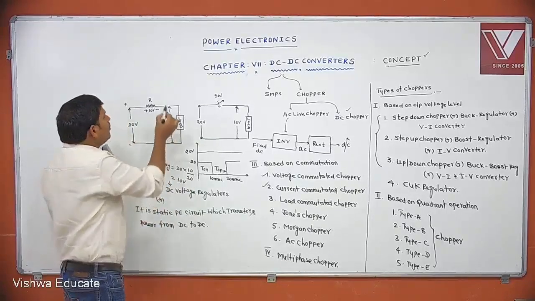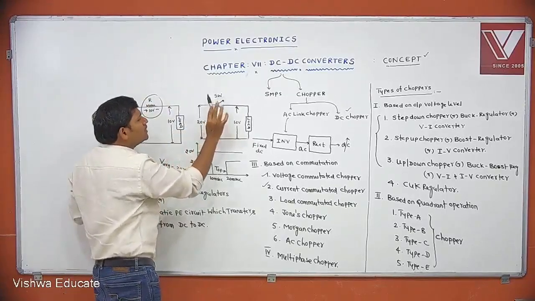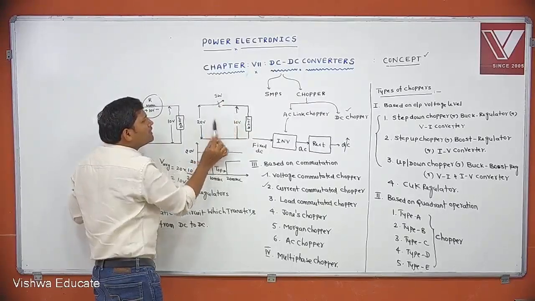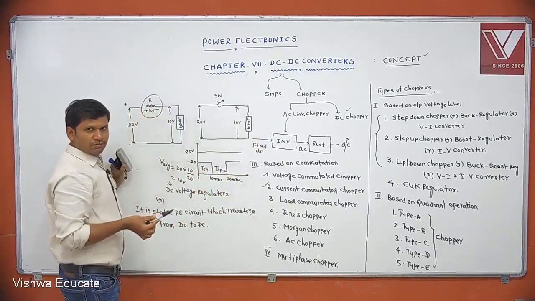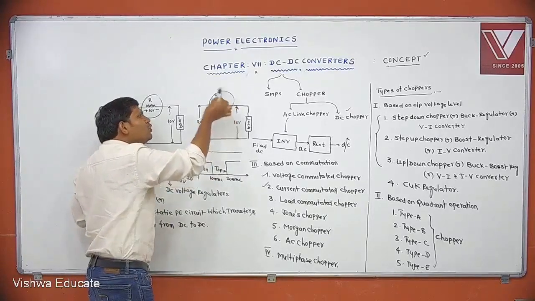That means without using a resistor, just by using a switch arrangement and controlling its on and off, we can apply a variable DC voltage to the load. Here the switch is any power semiconductor device. BJT, MOSFET, IGBT, GTO or SCR can be used as a switch.